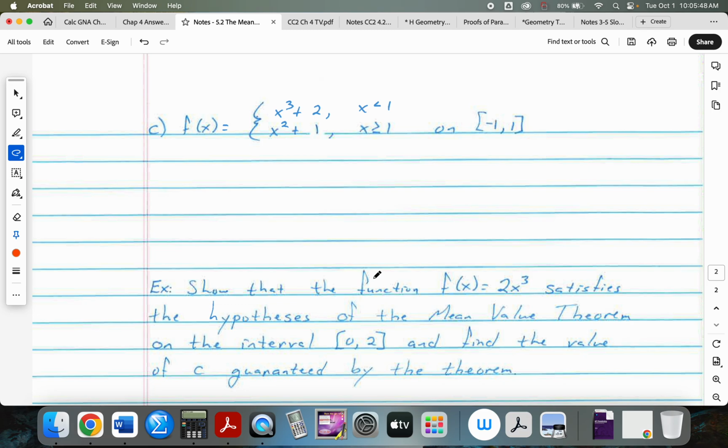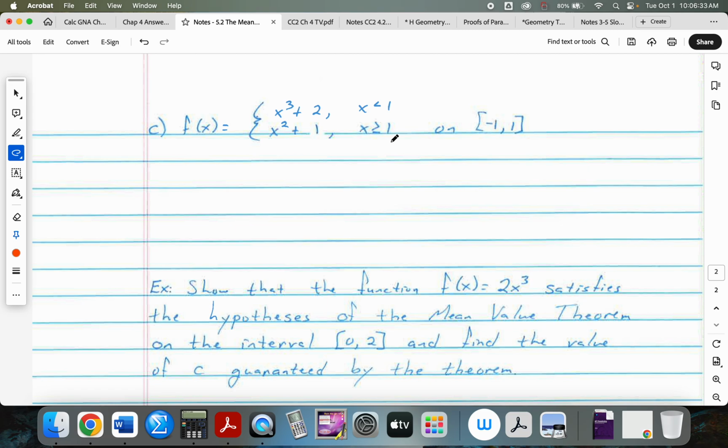All right, let's take a look at this one. I always check for continuity first, and why do I feel like that's not what I meant for this function to be? Give me a moment.